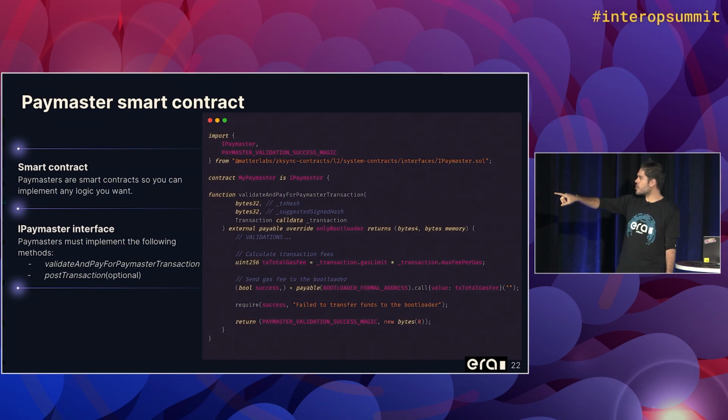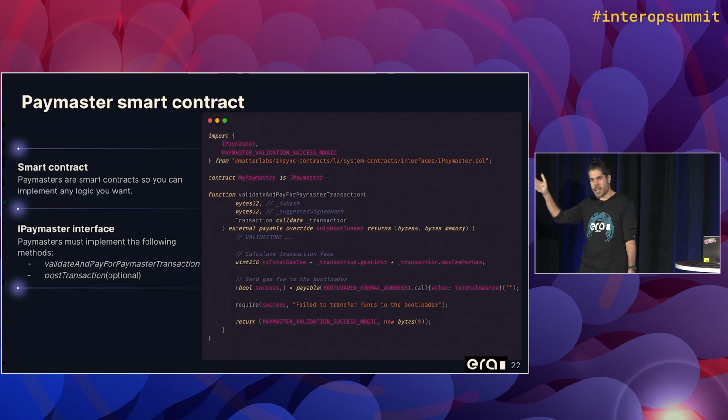And finally, you will transfer that amount from the Paymaster smart contract to the bootloader. Because at the end, someone is paying for the transaction fees, so the Paymaster is the one that is paying. It has to send that amount to the bootloader. And finally, you just have to return validation success or an empty array.